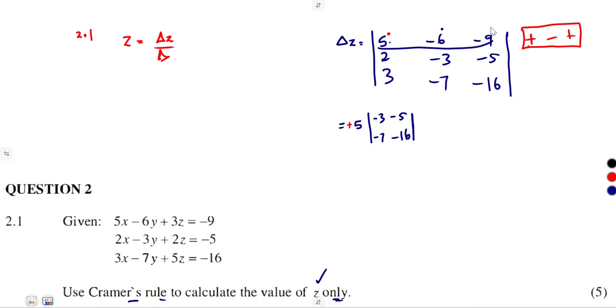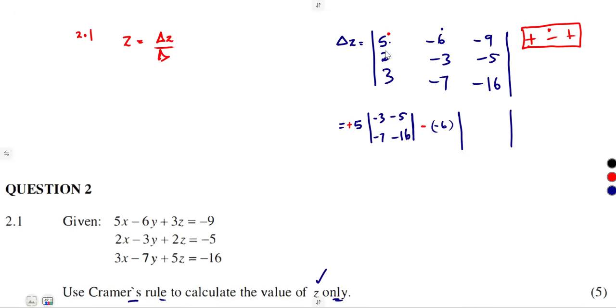We move on to -6. Remember, we're dealing with this row. So we move on to -6, but there's a sign already to affect that, which is a negative. So it's negative, but the number that we are having is carrying a negative. Take note there. Negative 6.